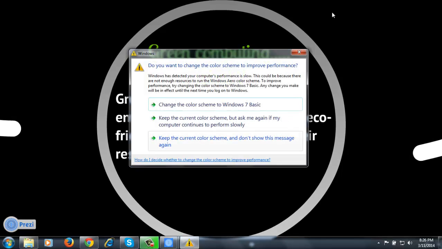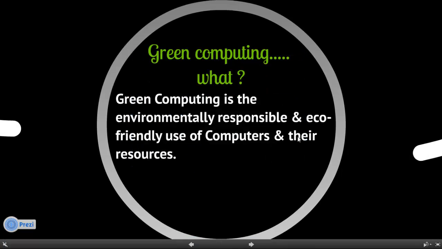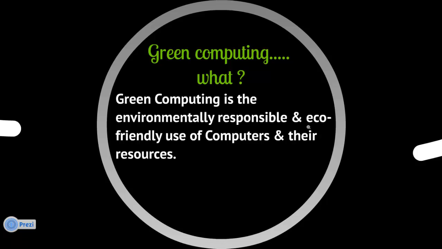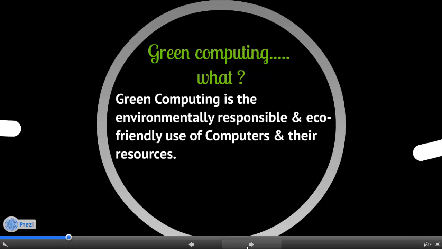It is the environmentally responsible use of computers and related resources. Such practices include the implementation of energy efficient central processing units, that is CPUs, servers and peripherals, as well as reduced resource consumption and proper disposal of electronic waste, that is e-waste.